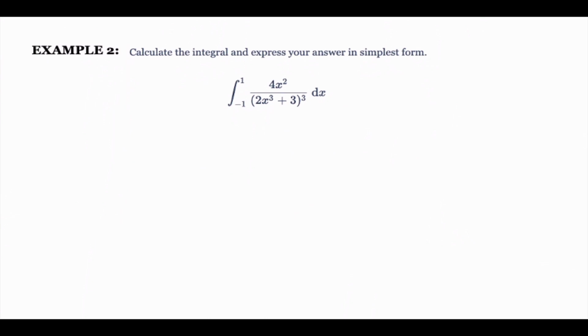Exactly. We're going to use U substitution. We're going to move the bottom up. We don't want a fraction, right? We don't have a quotient rule for antiderivatives. So we're going to move it up.